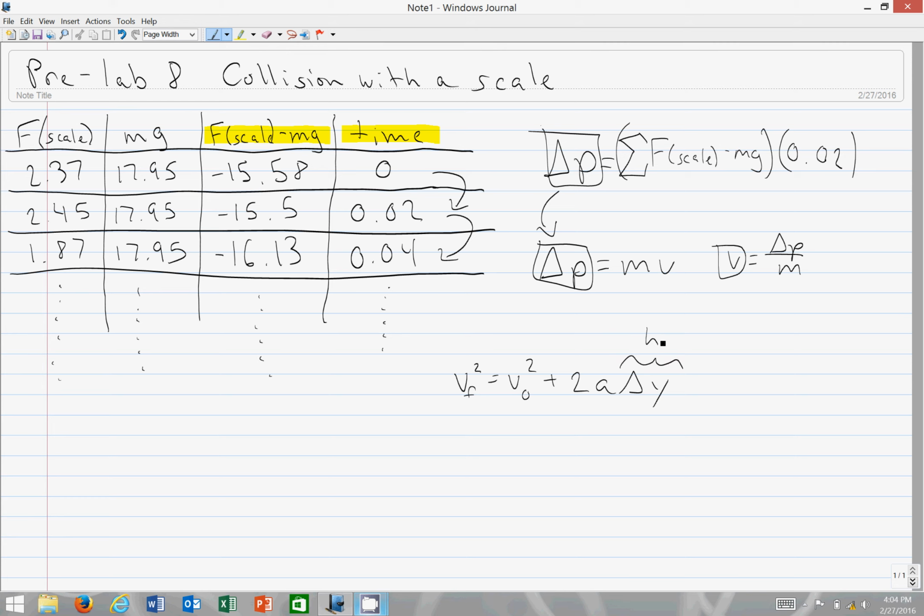I'm going to call it delta y. So, rearranging the formula, I find that delta y is equal to velocity final squared minus velocity initial squared over 2a, which in this case, a is equal to g, my 9.8 meters per second squared.